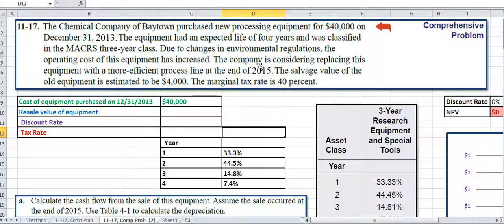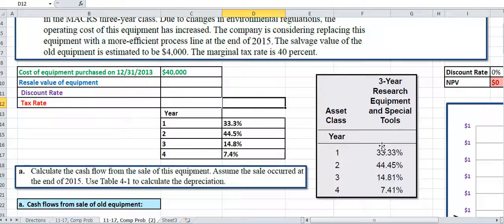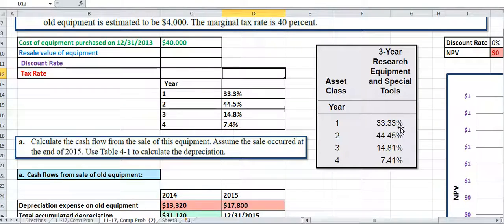Now the equipment has an expected life of 4 years and was classified in the 3-year class. So I've got those percentages of depreciation right here, and I've actually put them in these cells right here.